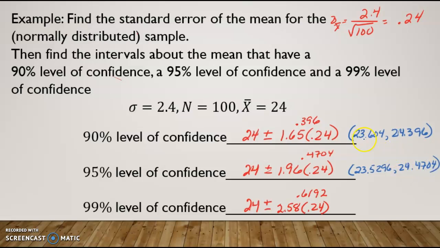Now you can see this 23.6 and then it drops back to 23.5. The last one is 23.4. So each one of them is, this is dropping backwards and this is going forward. So it's including a little bit more area each time, which accounts for the 90% level, the 95% level, and the 99% level.